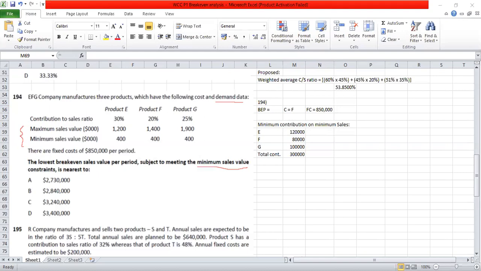Among the three products, the one with the lowest contribution margin ratio is 20%. That will be given the least preference. The one which is at highest contribution margin, which is 30%, is highest. The least is at F.